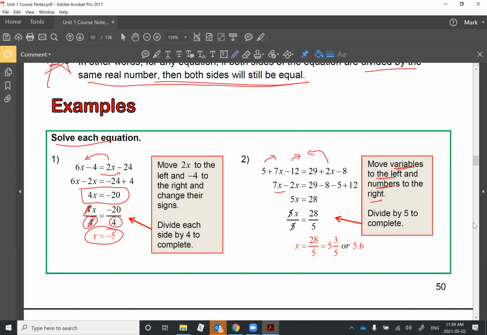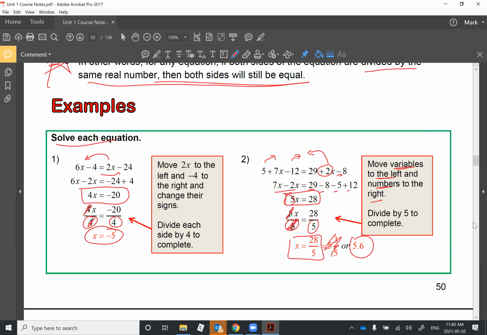So I'll get 7 minus 2x, then I'll get 29 minus 8 minus the 5 plus the 12, and I get this number. 5x equals 28. Now I'm stuck. 5x. I don't want 5x. I want one of them. So I divide both sides by 5. And you'll notice these cancel. 5 divided by 5 is 1. And you'll get your answer.